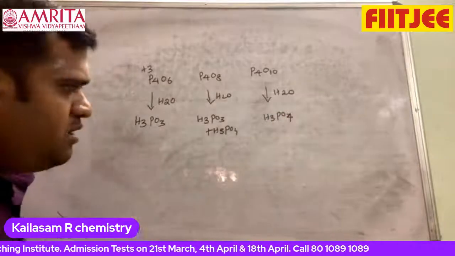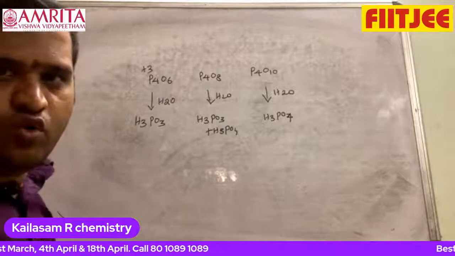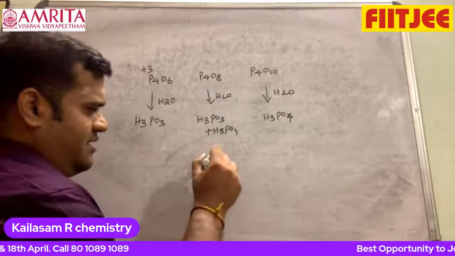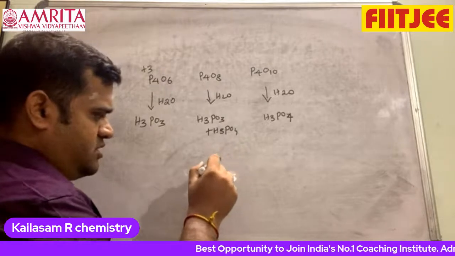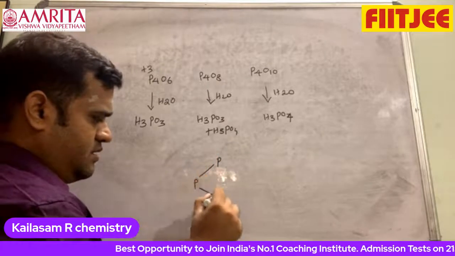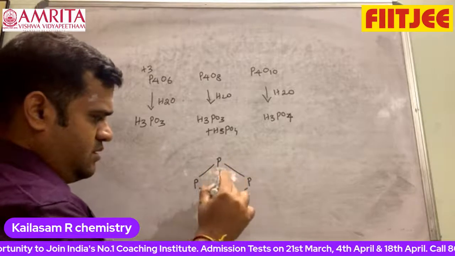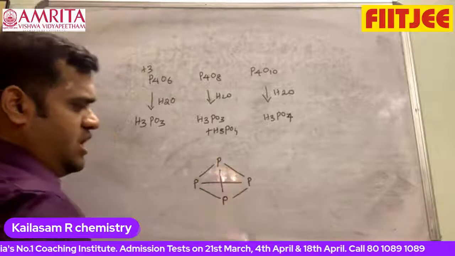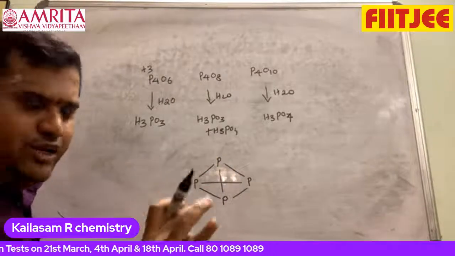That's all. Now, how to draw the structures of P4O6, P4O8 and P4O10? Look at this, see how I draw this. This is called P4. Now, in between the P-P bonds, introduce oxygen.